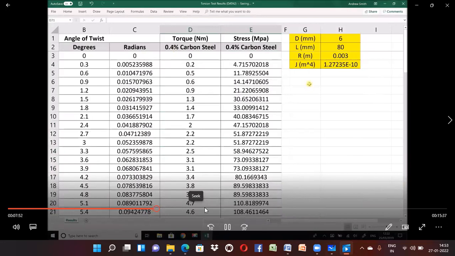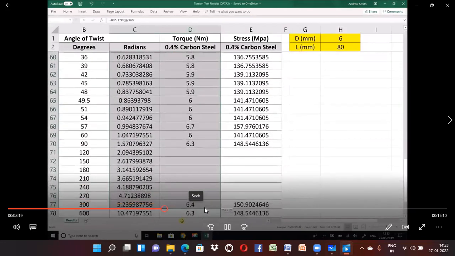T over J equals tau over R equals G theta over L. So T over J equals G theta over L. I'll just make a note of that over here. So let's plot the graph and see what we're left with.